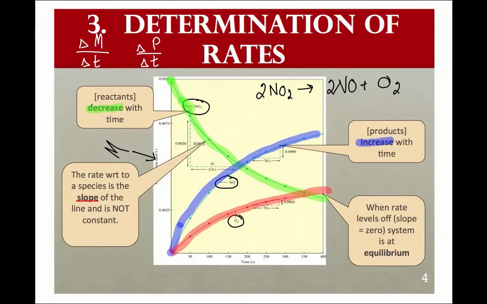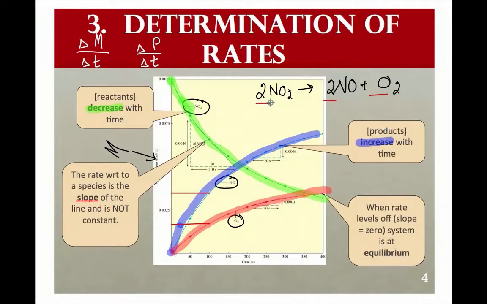I want to point out just two more things here. I want you to note, if you take any one point and measure it here, that the rate of formation of nitrogen monoxide is twice the rate of formation of oxygen. That's because for every 1 oxygen, I get 2 NOs.